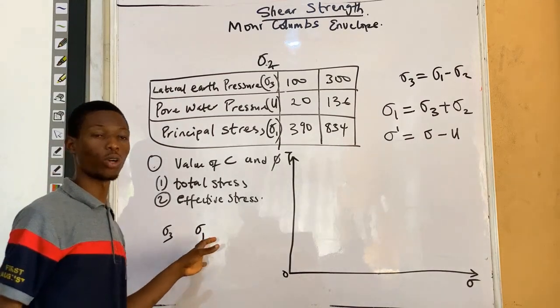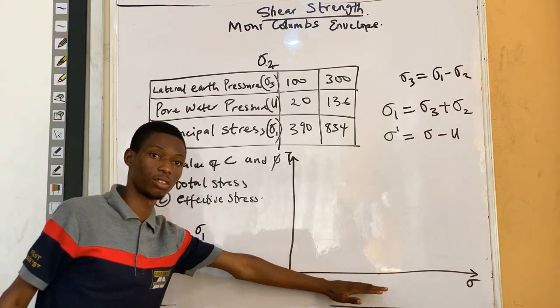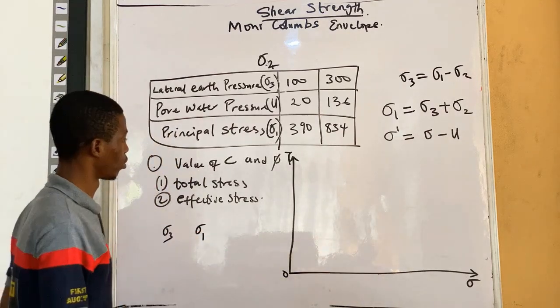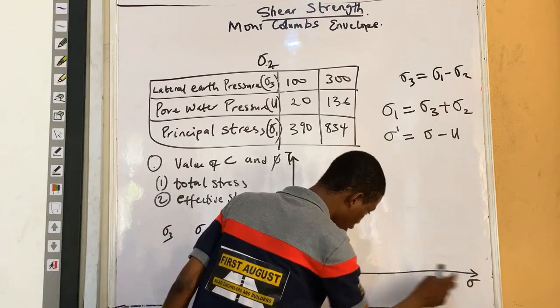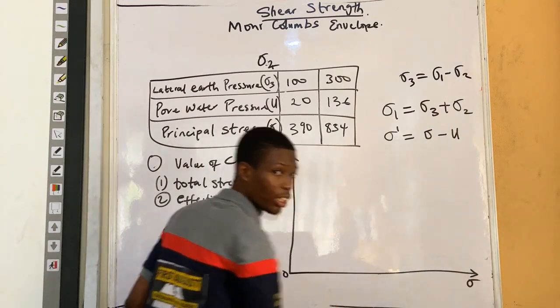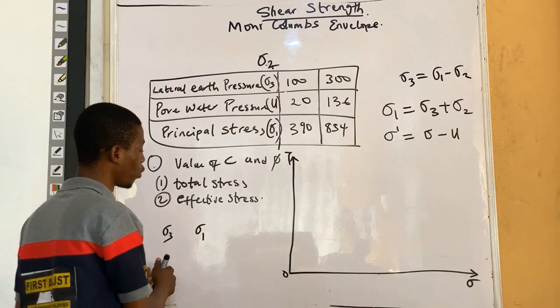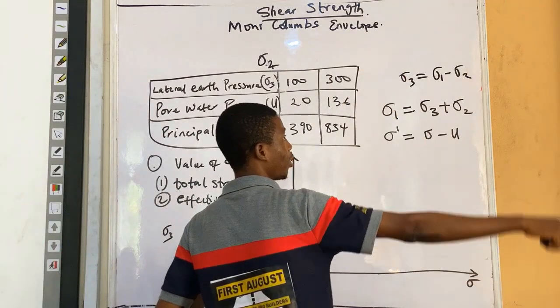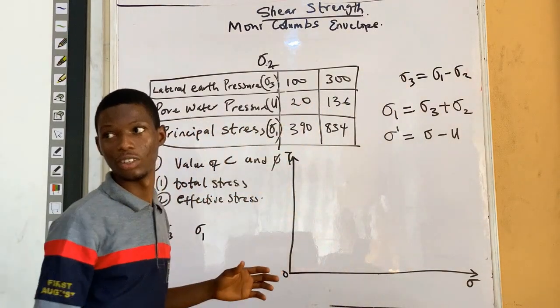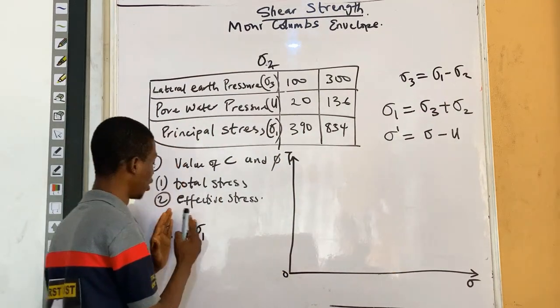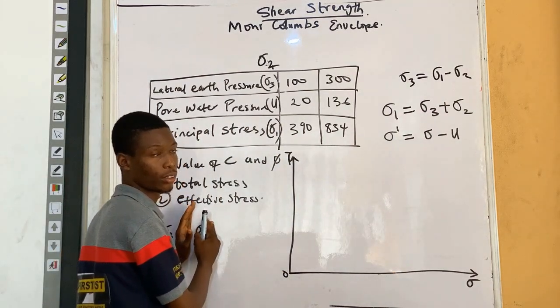We want to draw the semicircle. The left leg is sigma 3, the right leg is sigma 1.